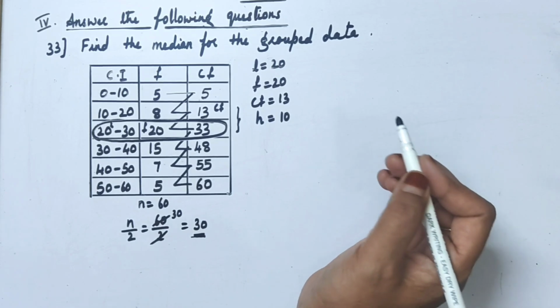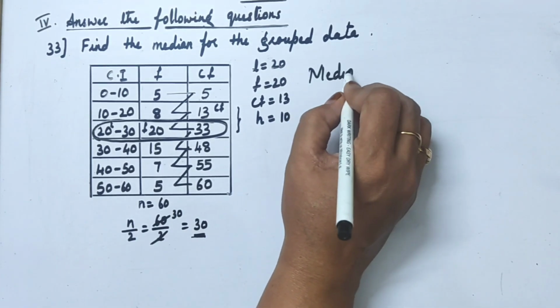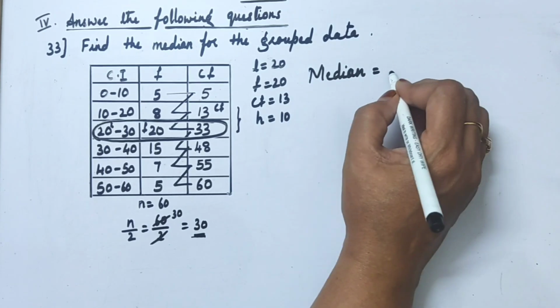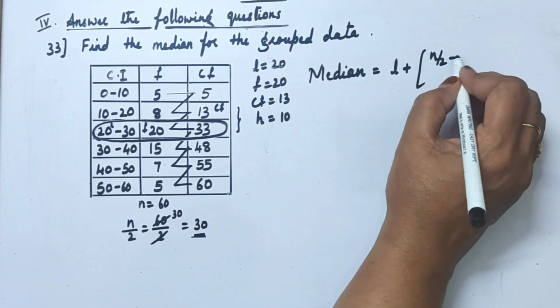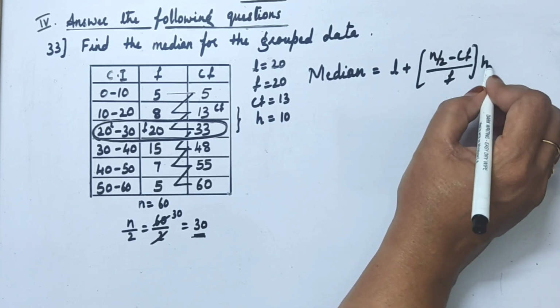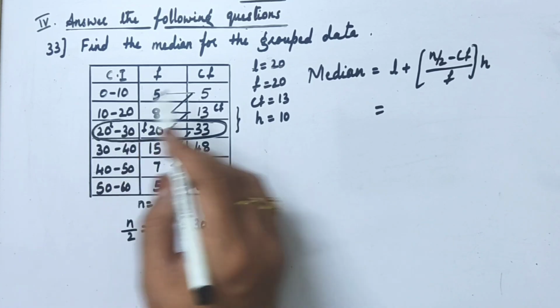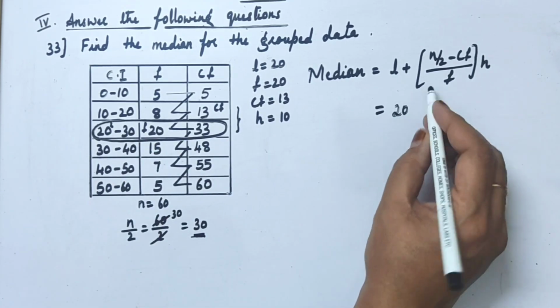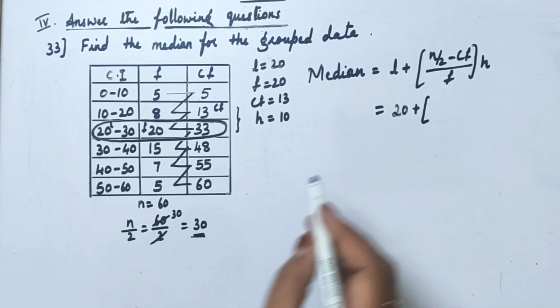Fine. Now let us apply the formula. Median equals L plus n by 2 minus CF upon f into h, where L is the lower limit. The lower limit of this class interval is 20. 20 plus n upon 2. n by 2 is 30.